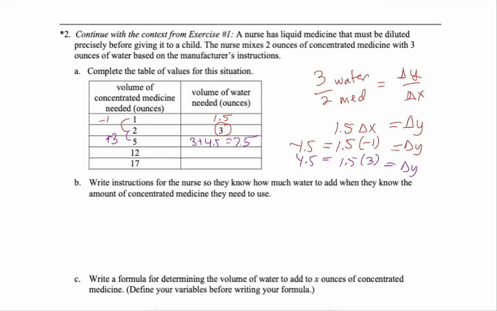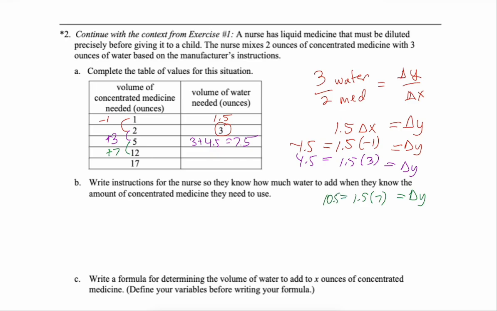What is our change here? We've gone up by 7. So our change in y would be 1.5 times 7. 1.5 times 7, I think, is 10.5, but let me just verify that. 10.5.